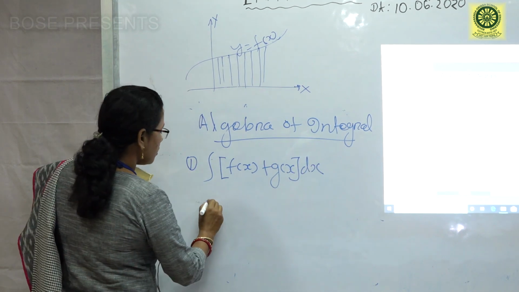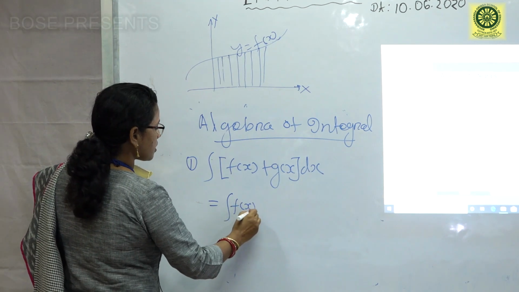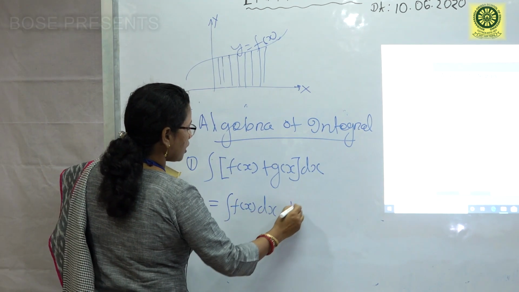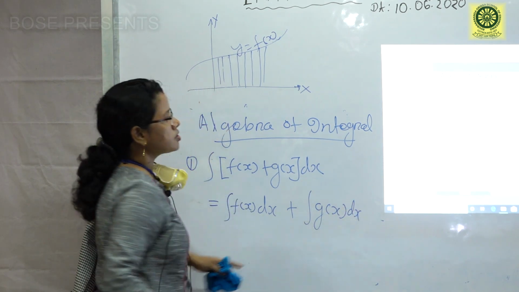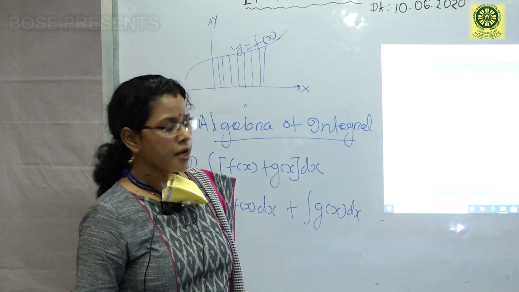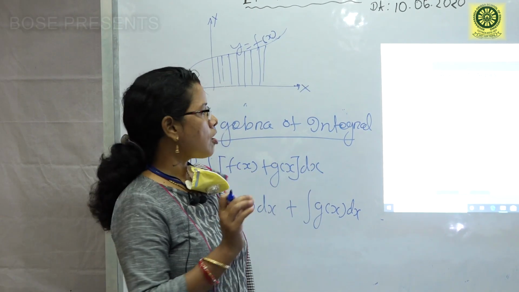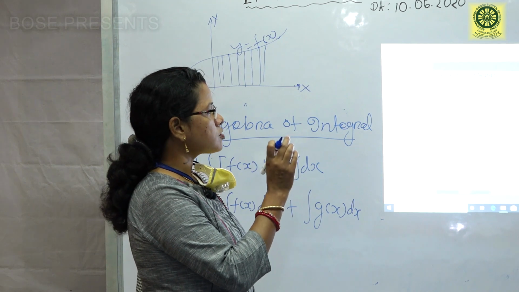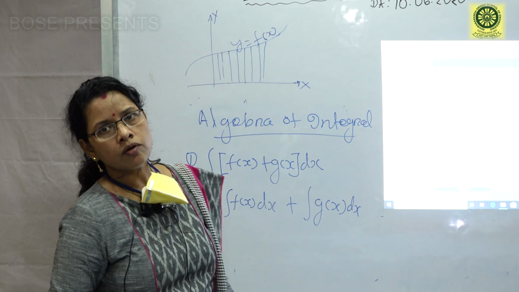Then you do it by integrating each function separately and adding them. That is, the integral of f of x plus g of x with respect to x is equal to the sum of the integral of f of x with respect to x and the integral of g of x with respect to x.